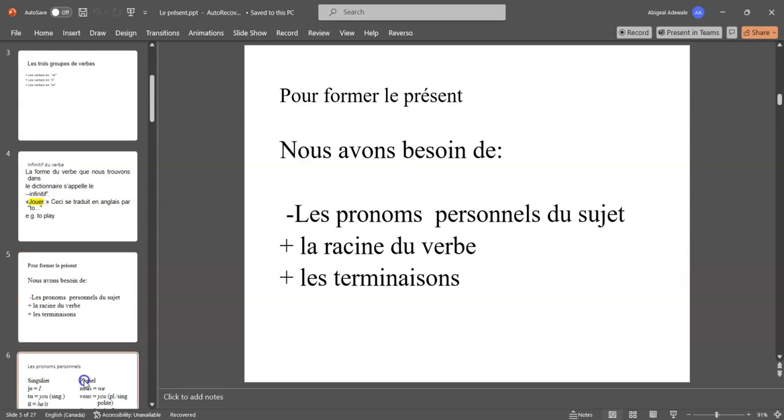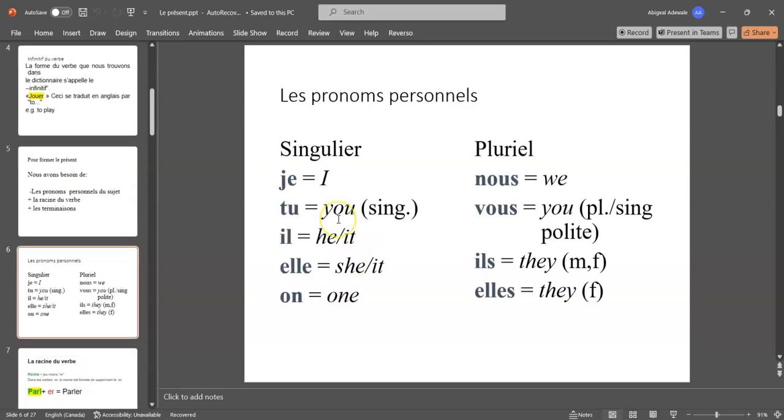Les terminaisons are endings of the verbs. So let's talk about les pronoms personnels du sujet. So we have je, tu, il, elle, on, nous, vous, ils, elles. Je, tu, il, elle, on, they are singular. Nous, vous, ils, elles are plural.